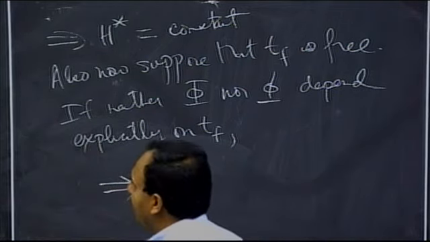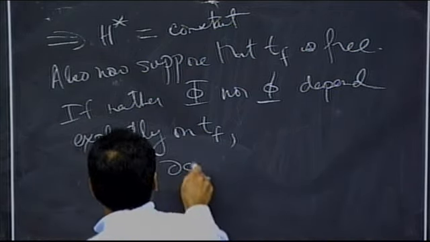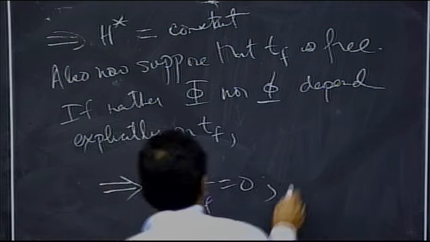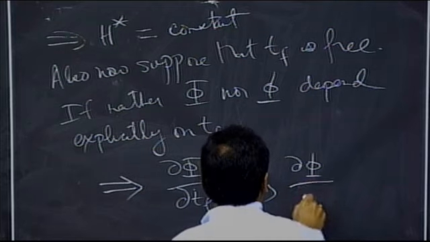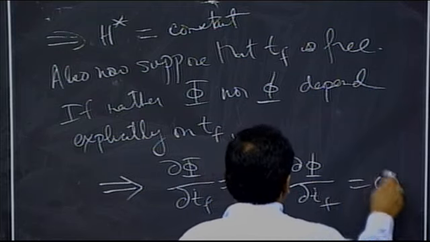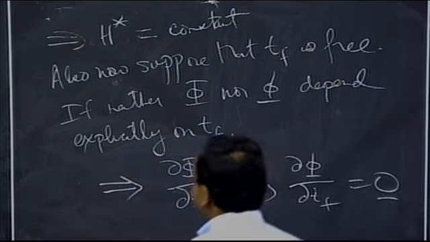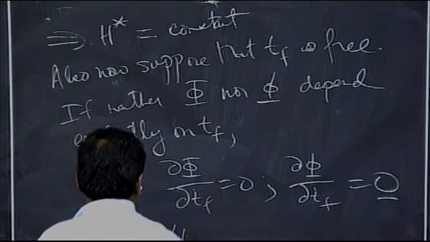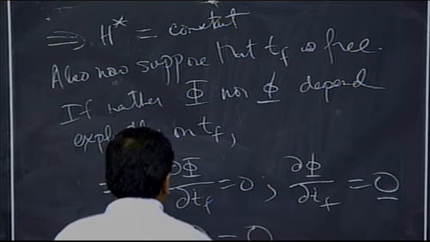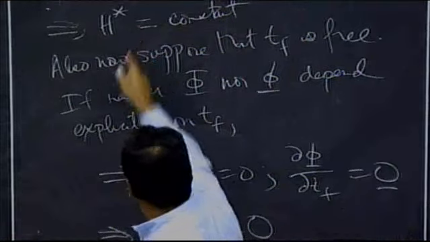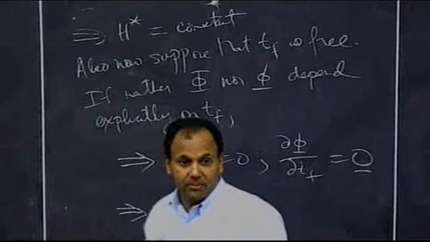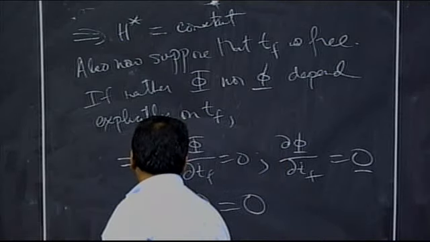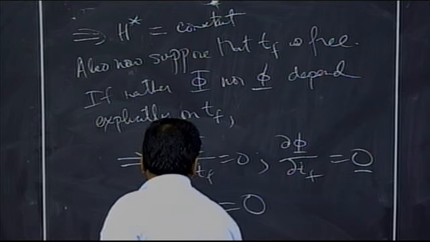Then the partial of phi with respect to tf is going to equal 0, and the partial of little phi with respect to tf is also going to equal 0, right? If that's the case, then h at tf is going to equal 0. But we already know that h star is a constant, because it's not an explicit function of time, which implies that the optimal Hamiltonian is going to equal 0.